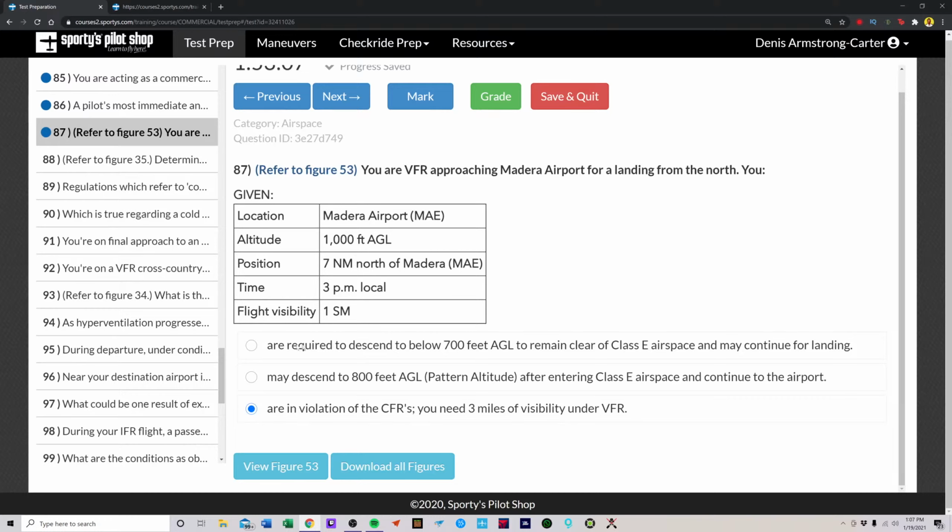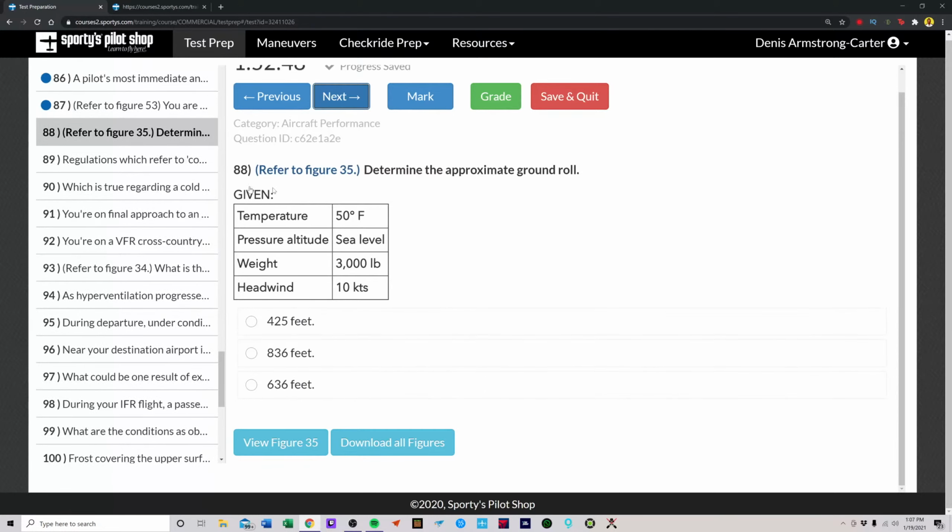Yeah, it would be that or the top one. It would be the top one. You need to descend fast. Get down. So yeah, they give you another one here. So we'll do this one.